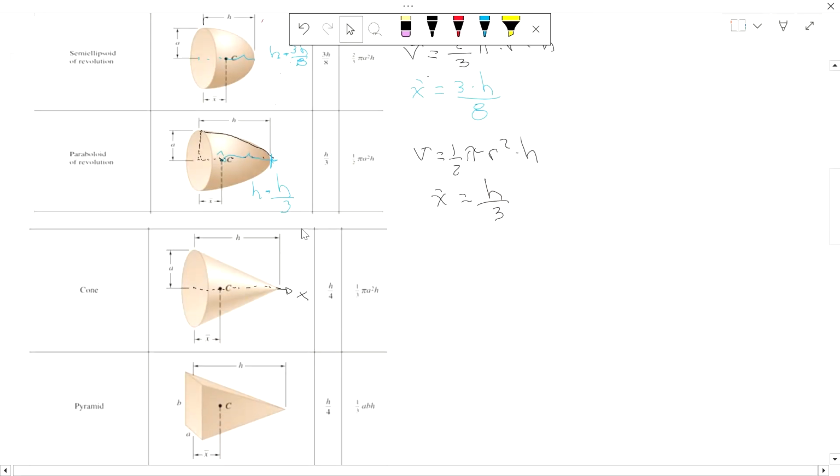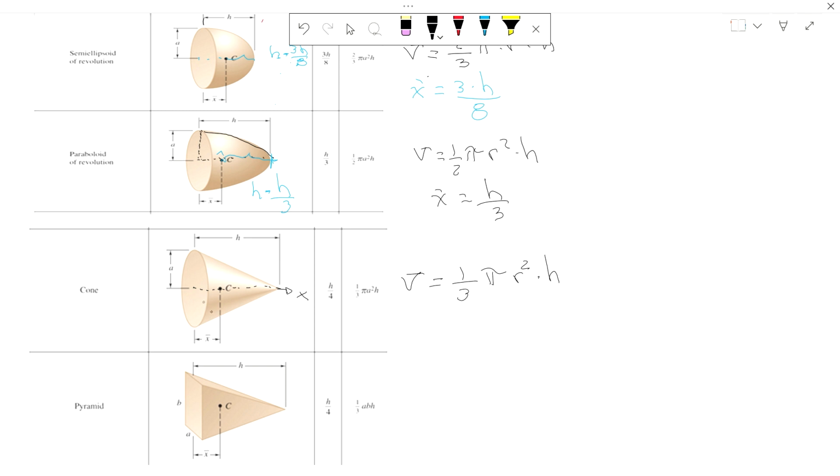All right, so the other shapes that we have are the cone and the pyramid. So the cone has a volume of 1/3 pi, the radius of the base, squared times height. So it's just like a cylinder, except for you multiply it times 1/3.